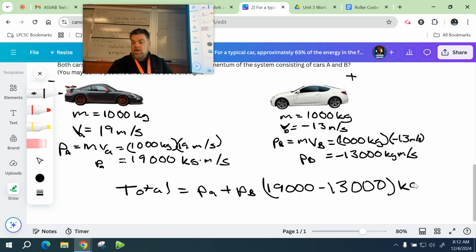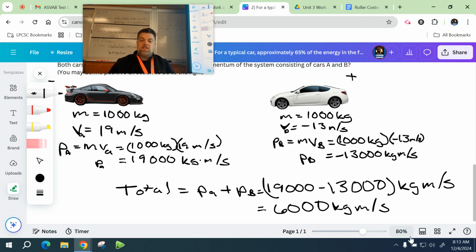And that would be kilogram meters per second. Now, that yields a positive 6,000 kilogram meters per second.